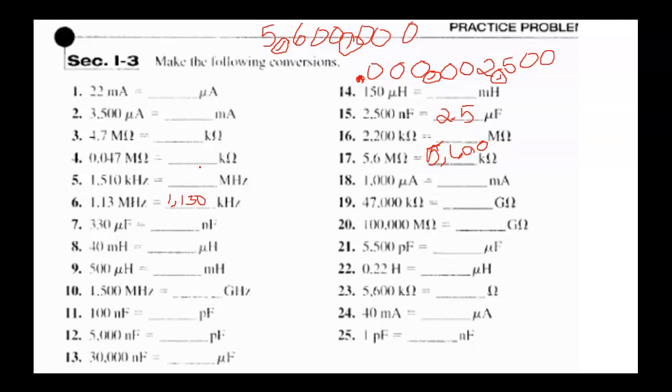If you don't want to start back here at 0, because this is what the number actually is in its decimal form, what you're trying to do is bring your decimal here. So it would be 0.047 giga.